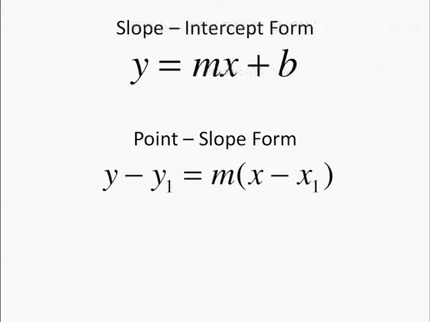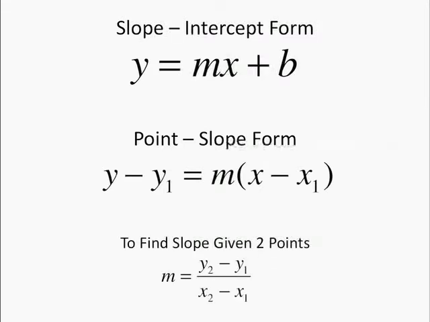Often we will use this format when determining the equation of a line without the use of a graph. To calculate slope without a graph, we can substitute any 2 points on the line into our slope formula, where slope, or m, equals the change in y, or y2 minus y1, over the change in x, or x2 minus x1.